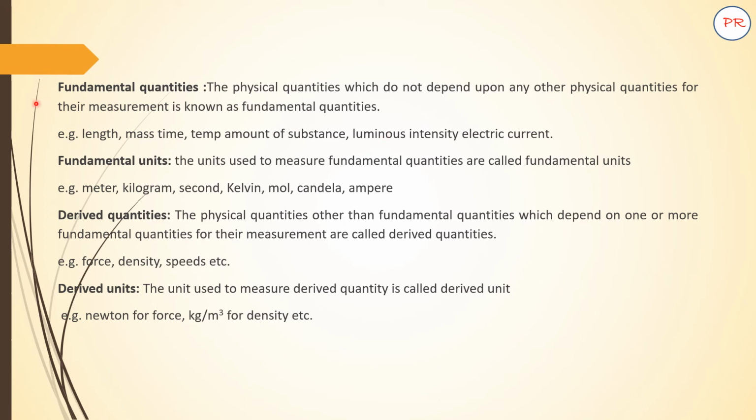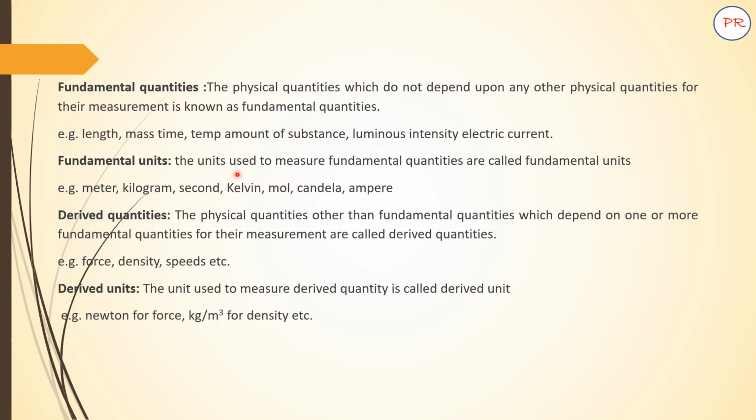Because while measuring the length, we do not require the mass of the substance or at what time we are doing it. So length is independent of any other quantity, and that's the reason we call length a fundamental quantity. Same thing happens with all these 7 quantities which are mentioned in the SI system of units.